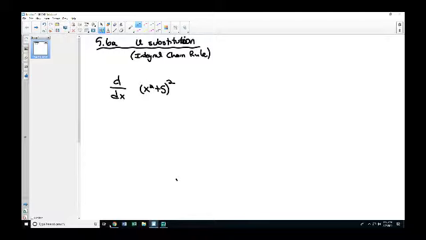Okay, if I ask you to calculate the derivative of that function, how would you do it? Yeah, it's a chain rule question. So, remember your chain rule? What's the outside function? Squared. Yep. Power.